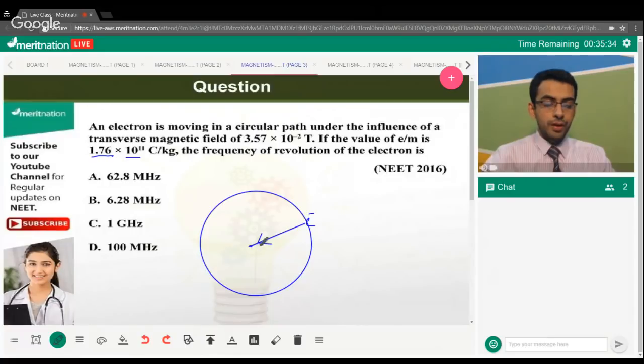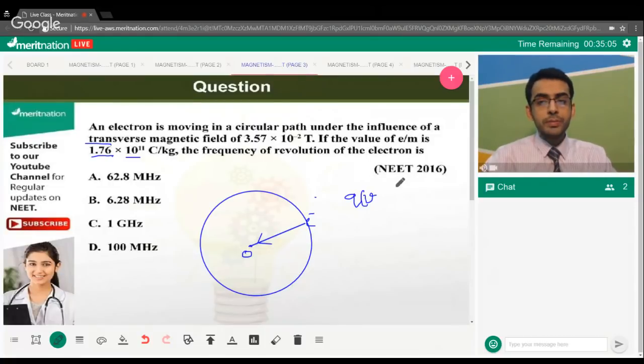So what is the magnitude of magnetic force? Magnetic force is equal to Q into V into capital B, or we can say it's equal to Q V cross B. And here V and B are perpendicular to each other because it's given that it is a transverse magnetic field.